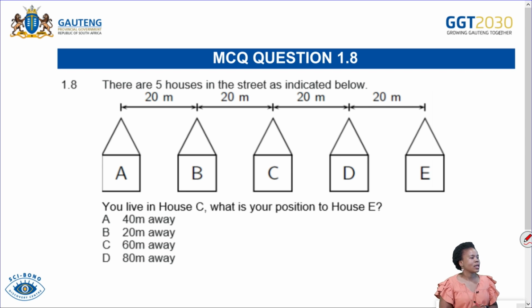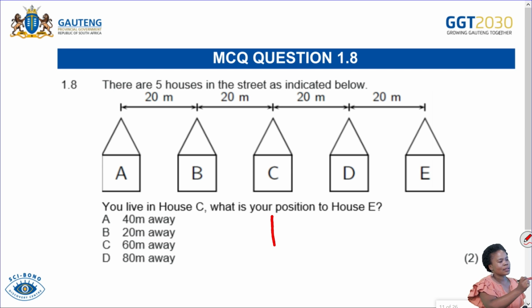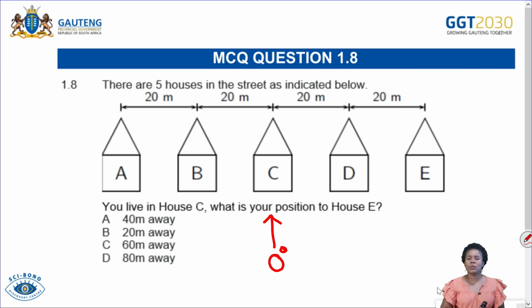So here's my C, this is our home, and this is our reference point, so it's 0. Then when you start counting, the distance between houses is given. Between house C and D, it is 20 meters. Between house D and E, it is 20 meters. And we are being asked, what is your position to house E? Is it A, 40 meters away? B, 20 meters away?